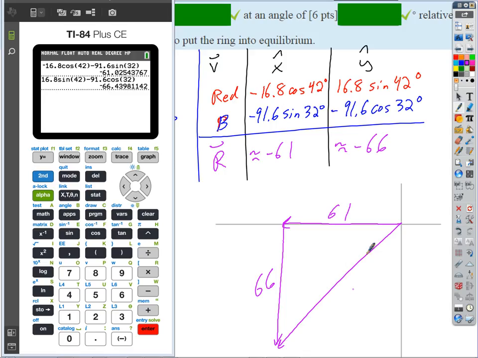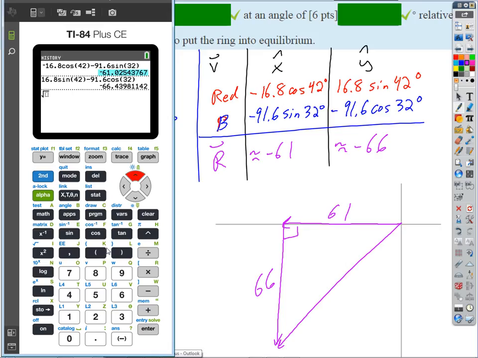Okay, so if I want to find out what the magnitude of that is, what do I do? Pythagorean theorem. Okay, and I've got my calculator numbers. So I'll just do the absolute value, the square root of this number squared, but it's negative, right? So I've got to be careful.